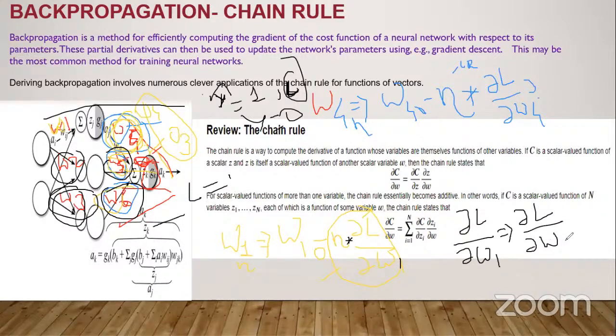So the same thing, what I can write is dL by dW4 multiplied by dW4 by dW1, right? If I cancel out this term, it will come back to the same thing, dL by dW, correct? Now I am considering W4, but W4 is also dependent on output 3.